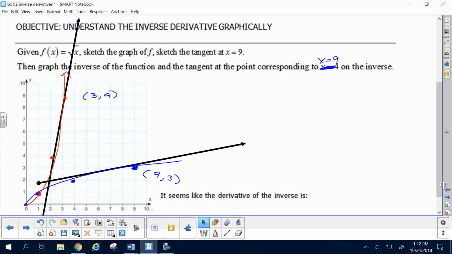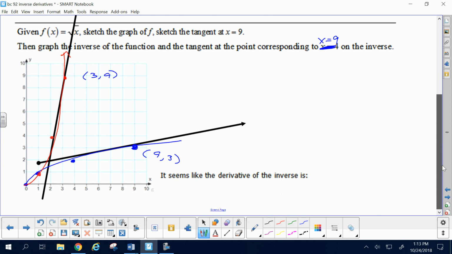The idea is we take a look at what happens when you take the derivative of an inverse. Now this slope was flat and positive. This slope is still positive but steep. So does it feel like negative reciprocal? No, because it's obviously still positive. But it is definitely reciprocal. The only gotcha, though, is it's not at the same point.